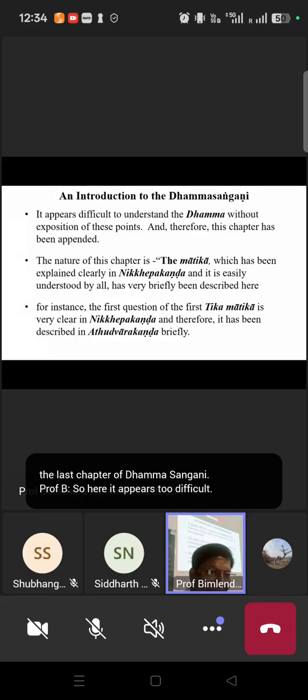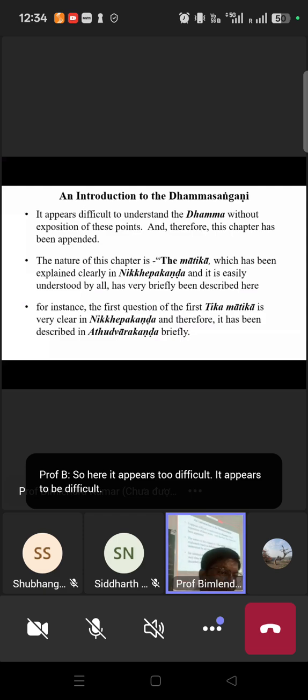It appears difficult to understand the Dhamma without exposition of these points, and therefore this chapter has been appended. It is a later interpolation, added by the Abhidhammika Acharyas. The nature of this chapter is the Matika, which has been explained clearly in the Kanda, is easily understood by all, and has been very briefly described here.